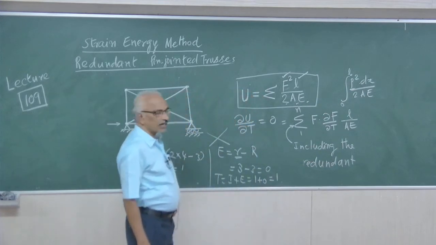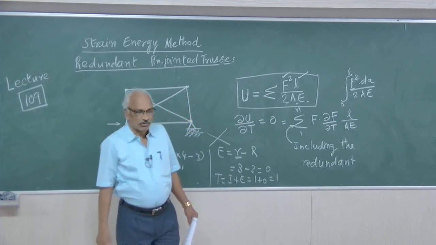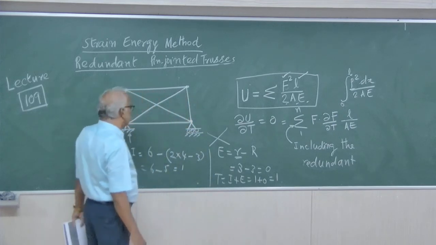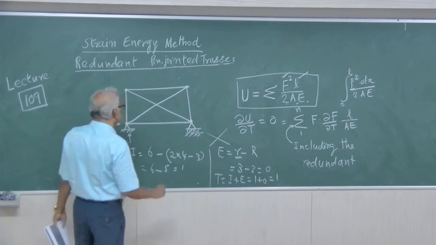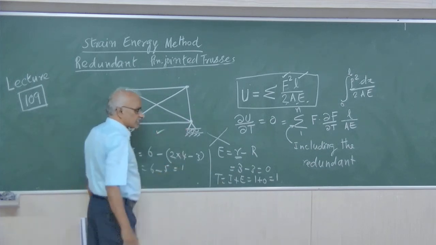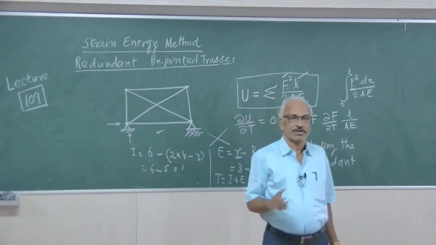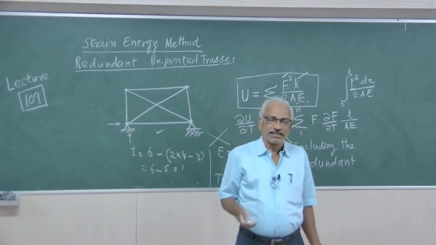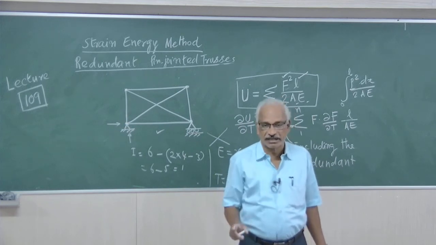Right. Now we are dealing with redundant trusses. Let us say, for clarity, let us take this as the redundant member. First of all, you have to find out the degree of indeterminacy. And then the job is to make the structure statically determinate.